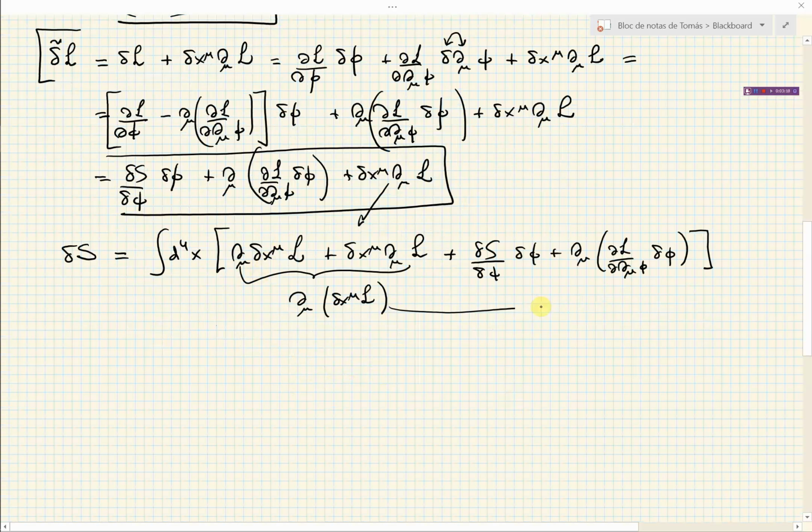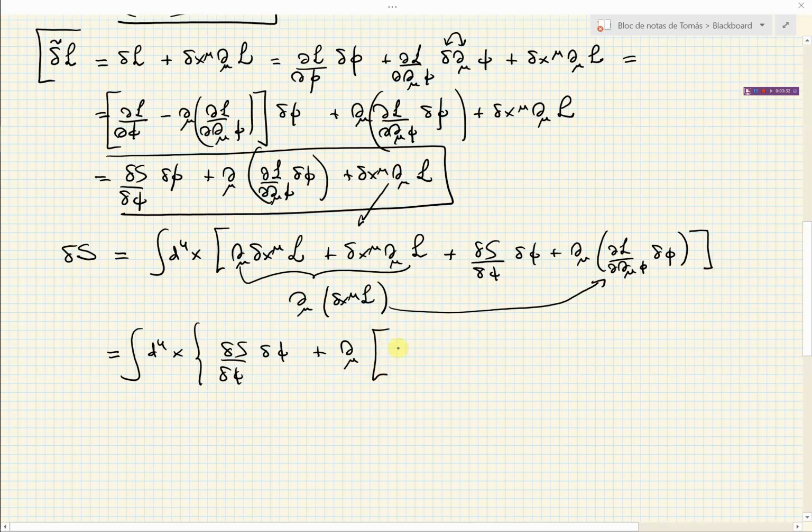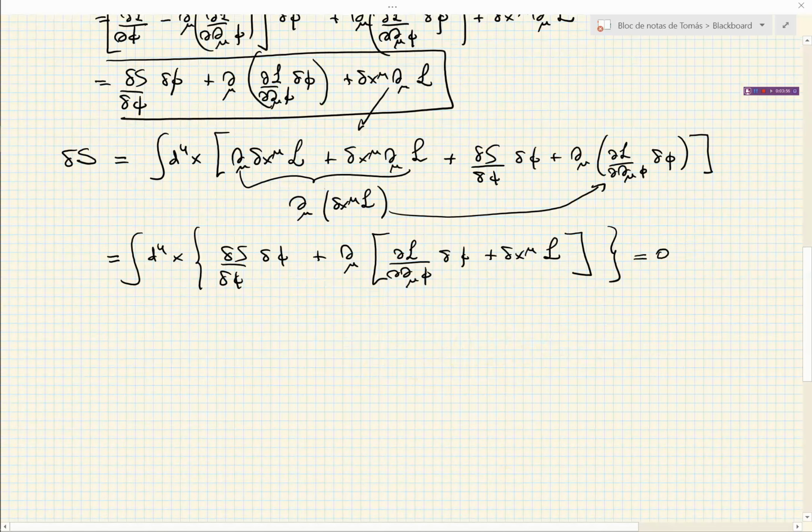So this total derivative comes here, and we have δS/δφ plus ∂_μ of ∂L/∂(∂_μφ) δφ plus δx^μ L, and this by assumption is equal to 0. Okay, this is the formula that we were after, and let's specialize it for translation.